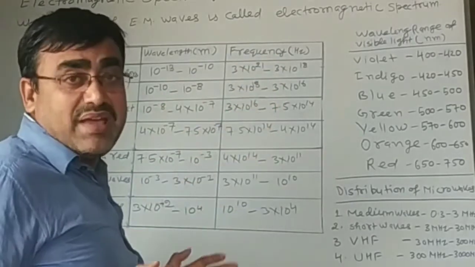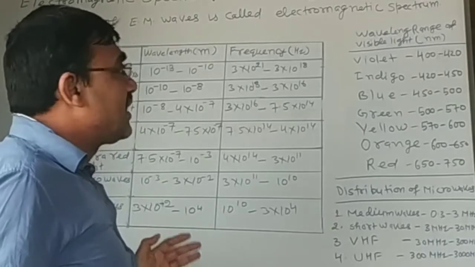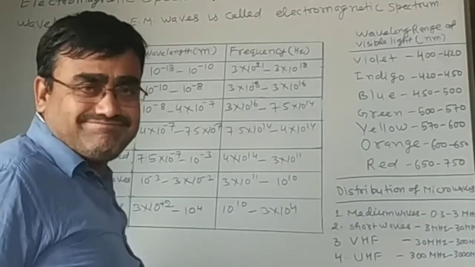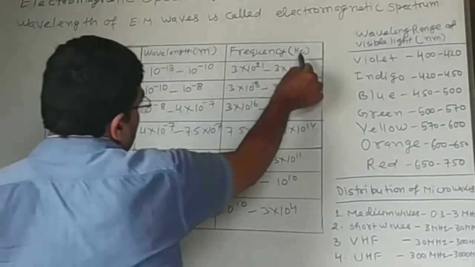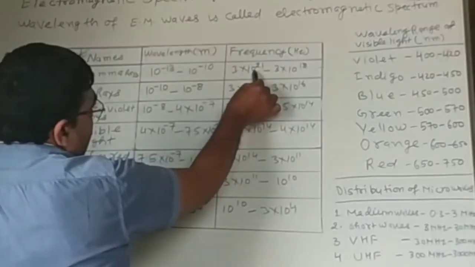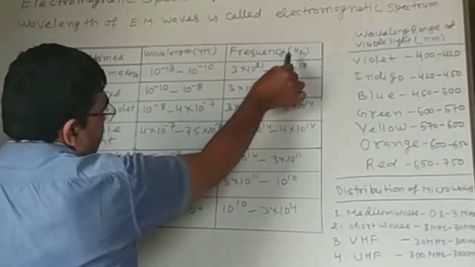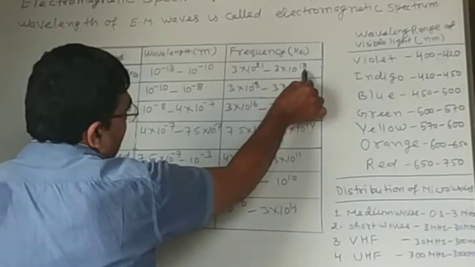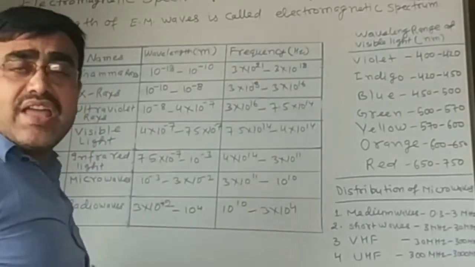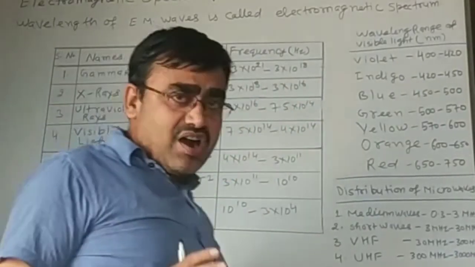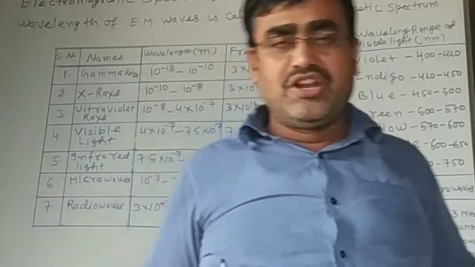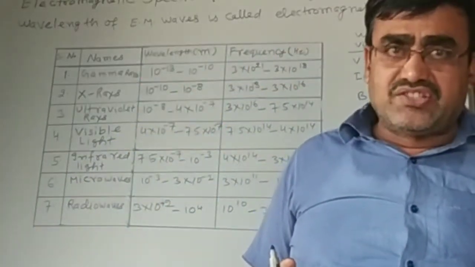Wavelength is measured in meter or angstrom. And its frequency range is 3 into 10 to the power 21 hertz to 3 into 10 to the power 18 hertz. Hertz is the SI unit of frequency.